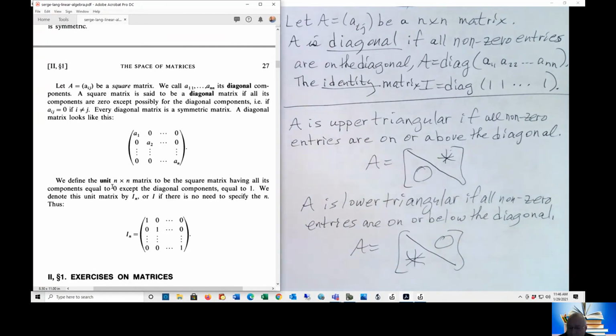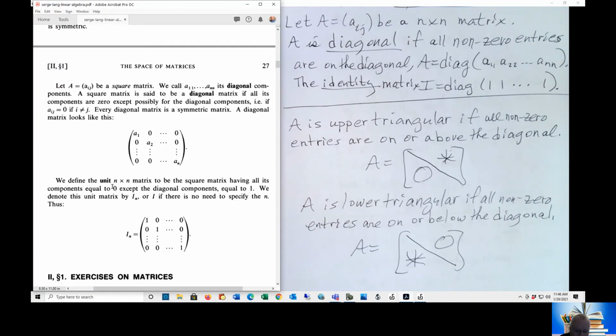You might see it depicted this way, where you have the matrix with the diagonal line and the asterisk above it for non-zero entries, and the 0 below it for the zero entries, and vice versa. A is lower triangular if all of the non-zero entries are on or below the main diagonal. And there's how it's depicted, with the diagonal line and the asterisk below it and the 0 above it.